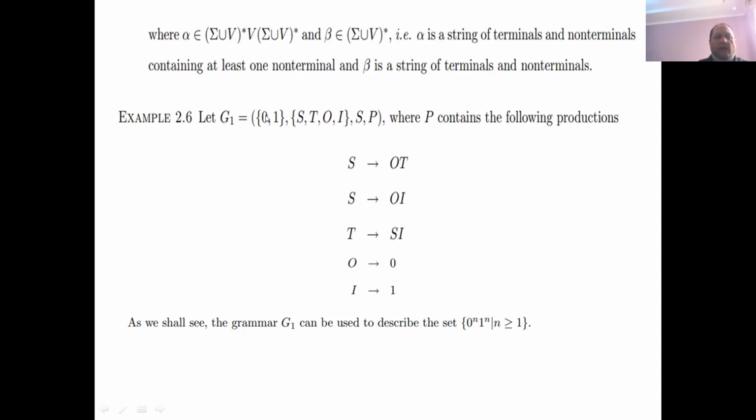Here, the alphabet consists of 0 and 1, and the non-terminal set consists of S, T, O, I, and S is the axiom, and as P we consider such kind of rules. So as we shall see, the grammar G1 can be used to describe the set of 0s and 1s.